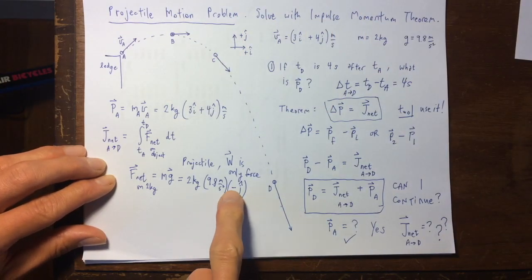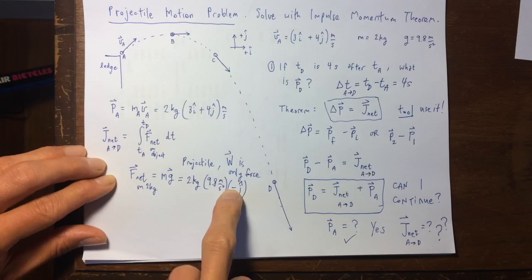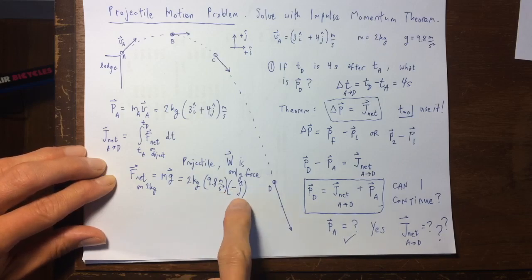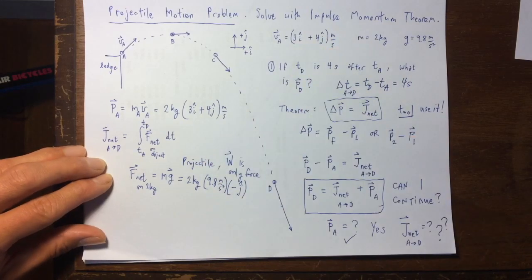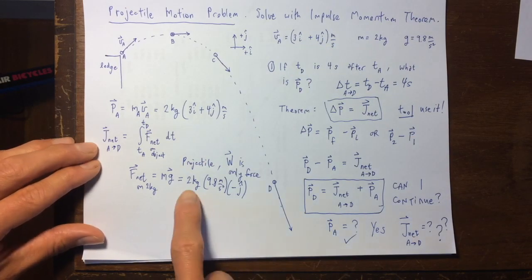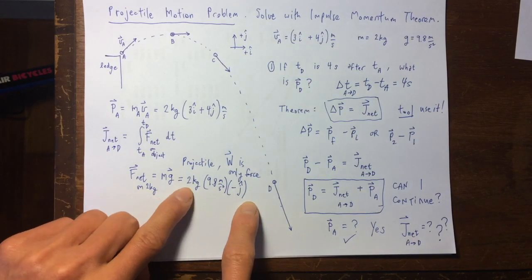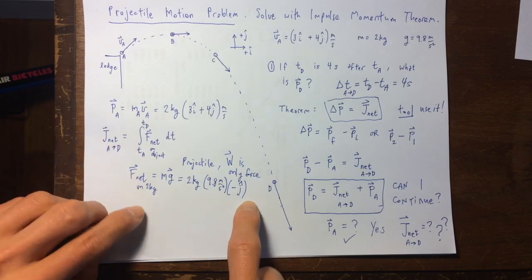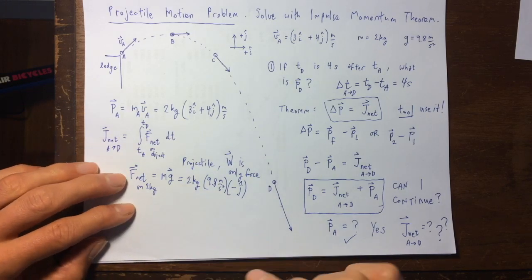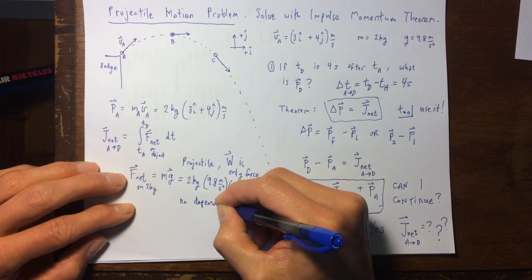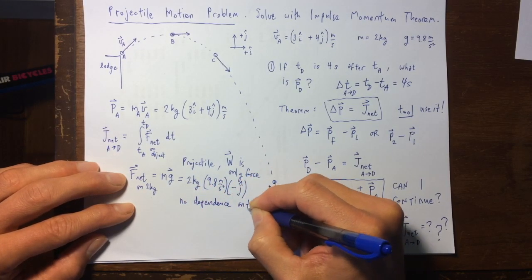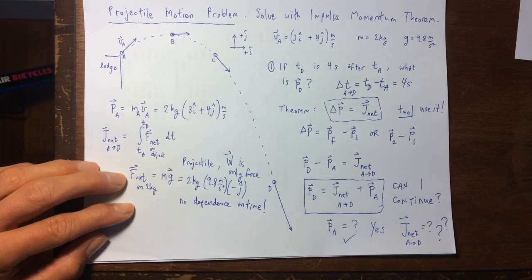So I'll make it down by using the minus sign, and I make it a vector by referring to the unit vectors. So you can see that I have a value for the weight force. What's really cool is no dependence on time.